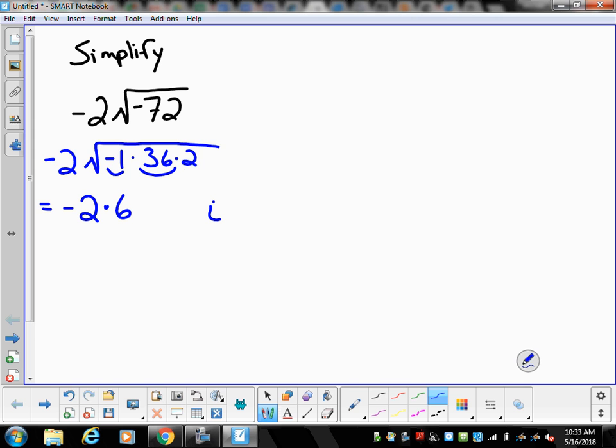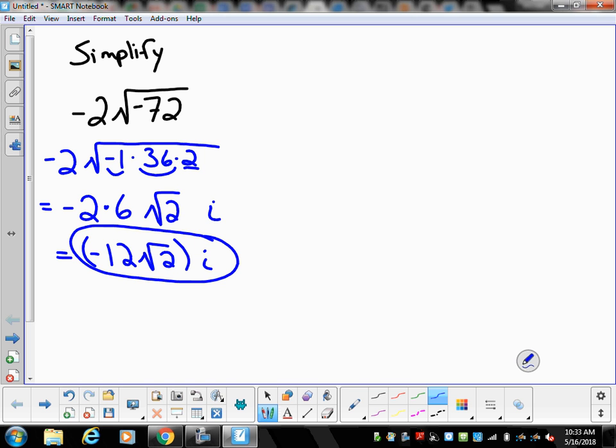And then the 2 just has to stay under a square root. All right, and then I just multiply what I can. So -2 times 6, -12, square root of 2, i.